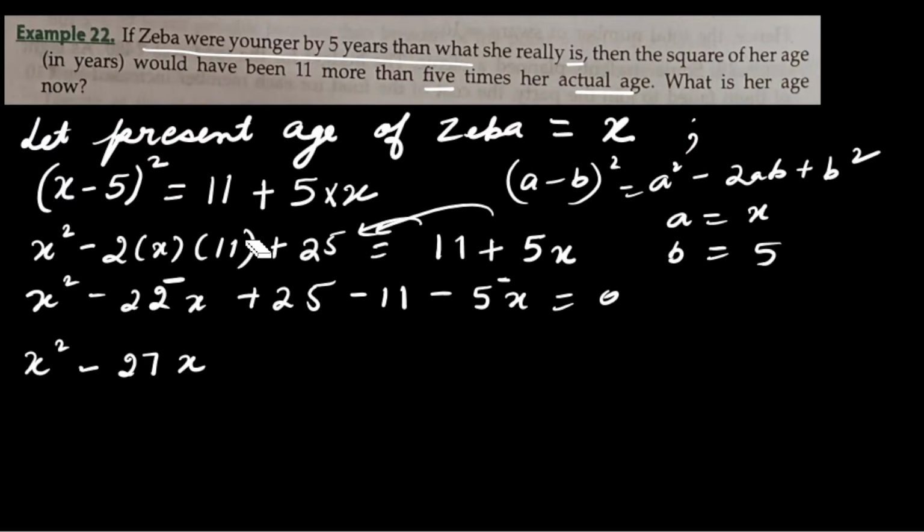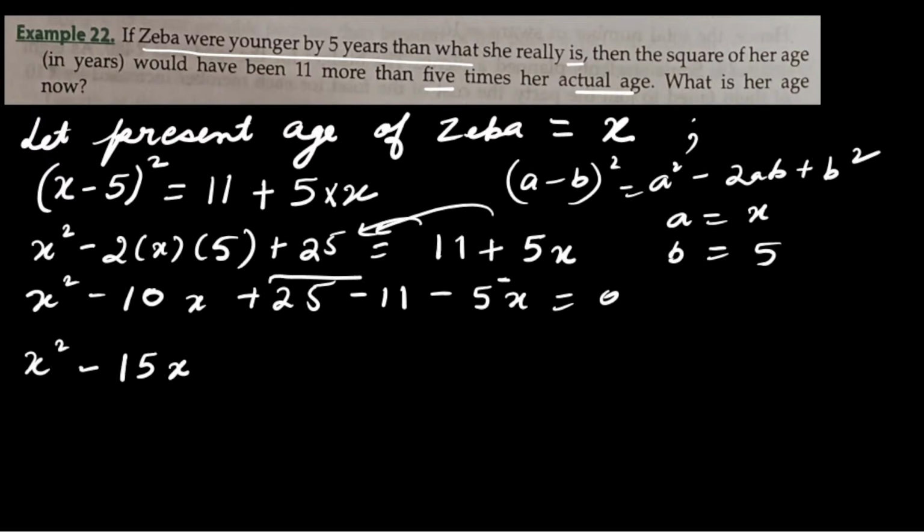Okay, 1 second. B is 5. I just wrote here 11. B is 5, so 2 into 5 is 10. So here it will not become this one. So minus 10x and minus 5x, minus 10 minus 5 is minus 15.